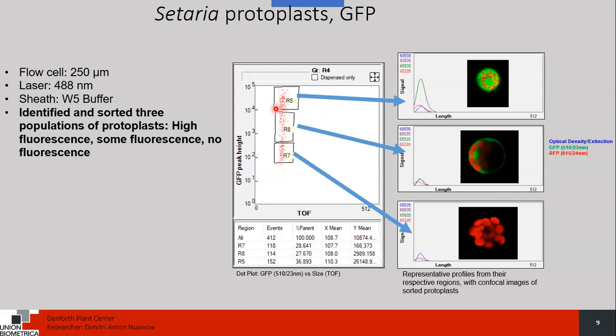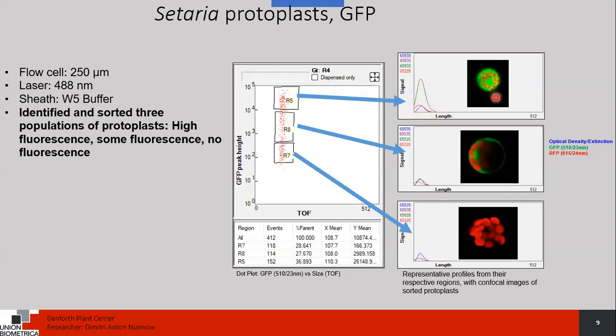So we arbitrarily selected and drew a region around the highest fluorescence, a region around the lowest fluorescence, and some region in between. And then we took a look at the profiles, and we sorted these out singly so that the researchers could take these to a fluorescence microscope and take an image, and we have the profile that corresponds to that particular protoplast so that we could correlate the image that they got with the profile.